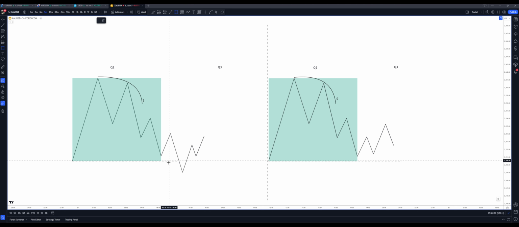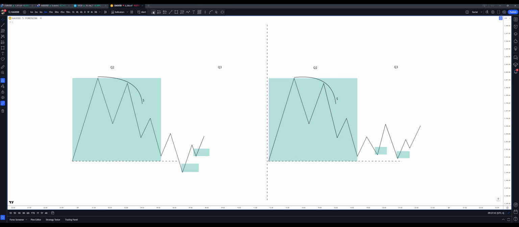So what we're going to see is a 5-minute PSP being created in sequence, whilst, let's say, on the other chart, I have one that's being created also in SMT.